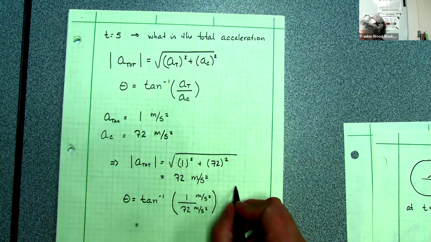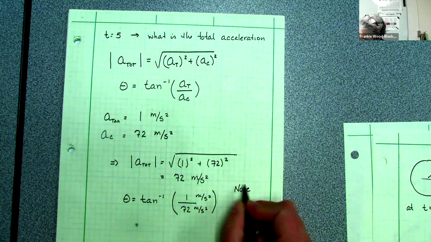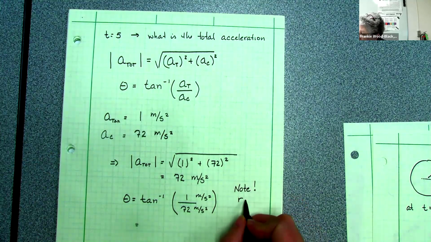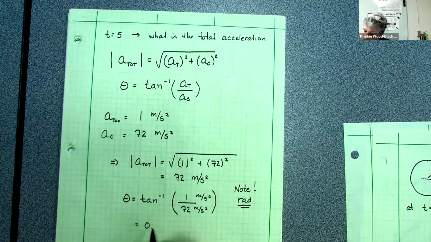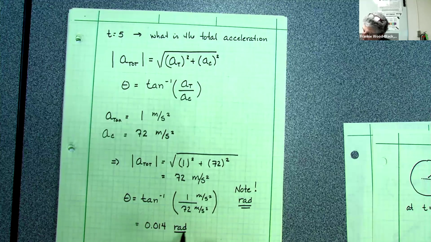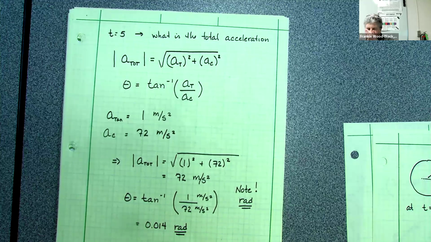And note, make sure your calculator's in radians. And I'm going to get 0.014 radians. Or if I want to do degrees, you can do that in degrees.